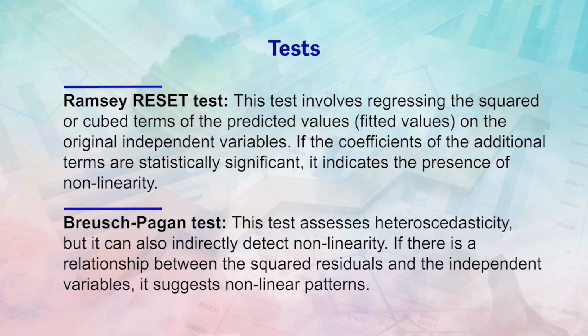Another important test in this regard is the Breusch-Pagan test, which also says that the parameters are nonlinear if the squared residuals have a correlation with the independent variables. The Breusch-Pagan test is the famous test for capturing heteroscedasticity, but it can also be applied to any kind of nonlinear relationship among the parameters if we find that the squared and the cubic terms are coming in.